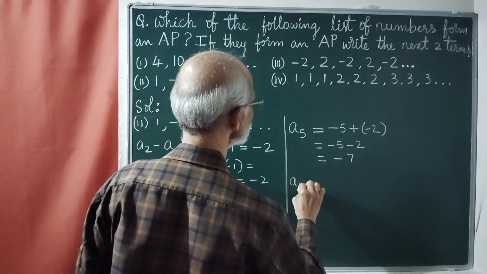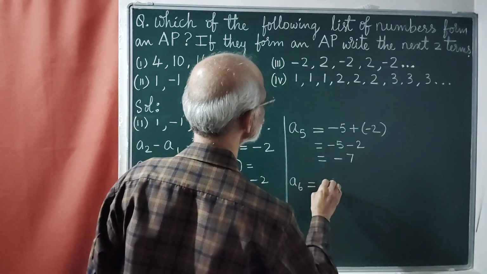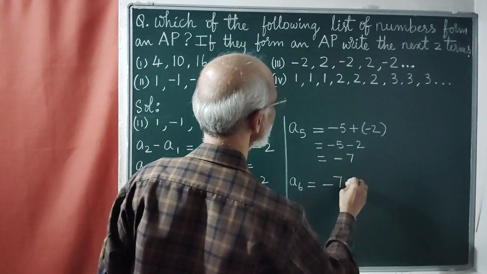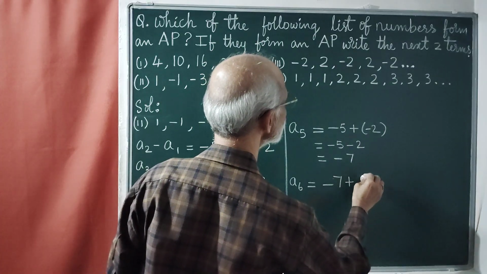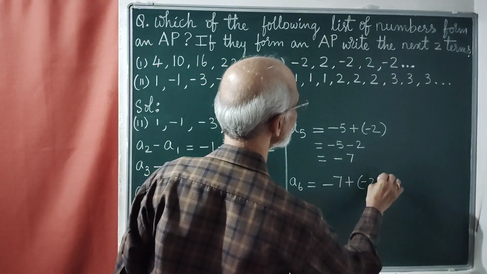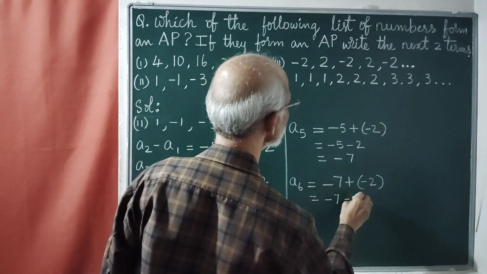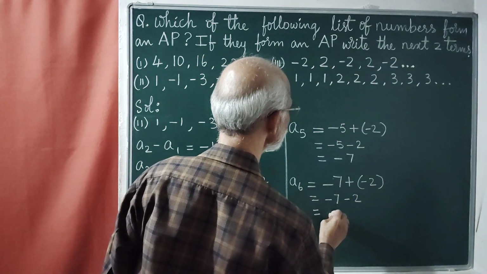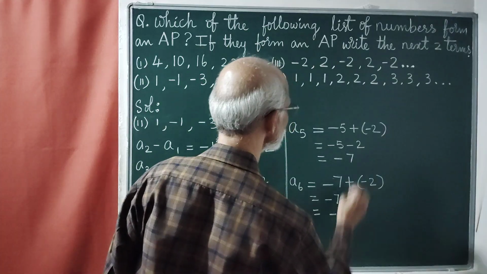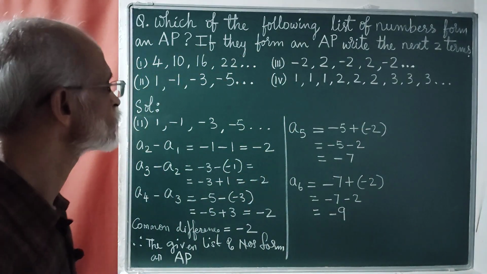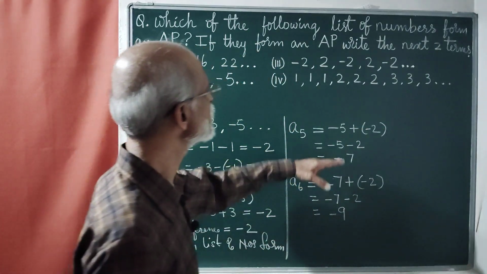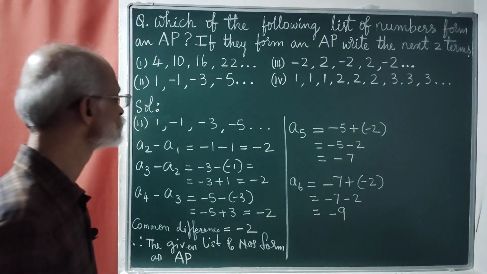A6, to A5 add the common difference. So minus 7 minus 2, that's equal to minus 9. So the next two terms of the AP are minus 7 and minus 9.